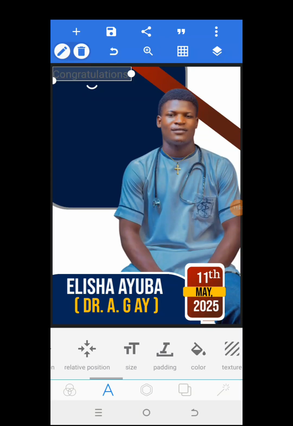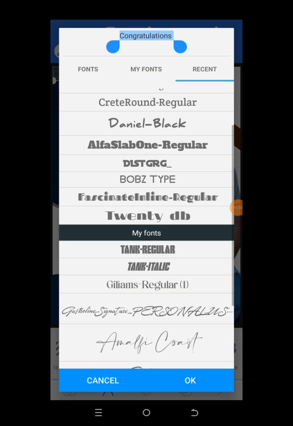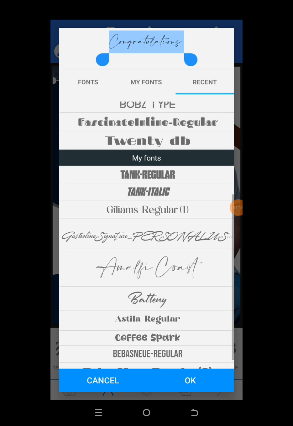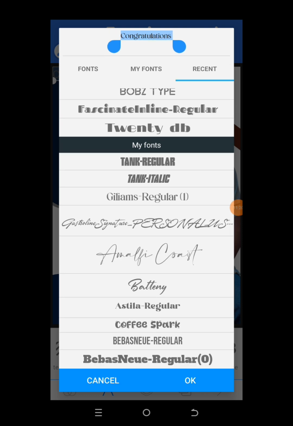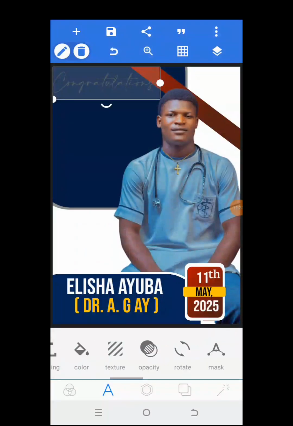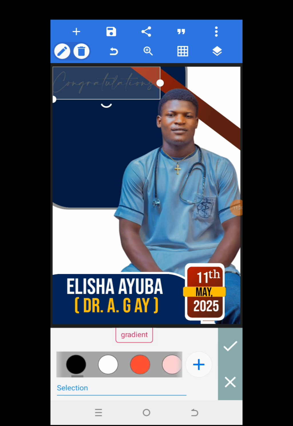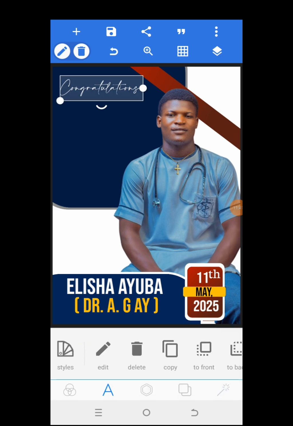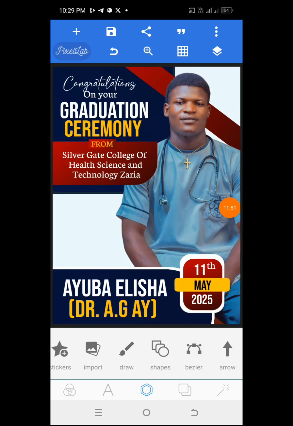And then I will go to my font and fix a good font for this. So here it is. Because of time, I will just write all the write-ups so that the video will not be long. So let's go. I fix everything.